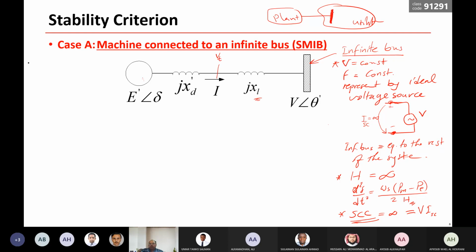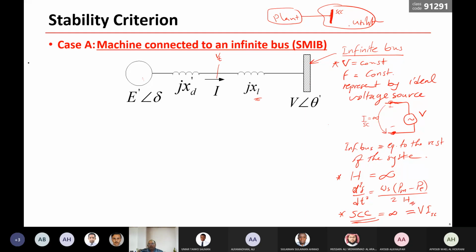You have to know the short circuit capacity here, the strength of the system at this point, of course in order to do your fault analysis and protection, circuit breaker sizing, and so on.